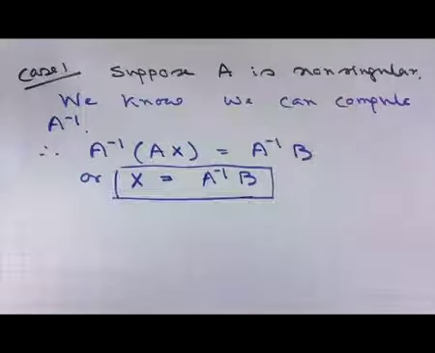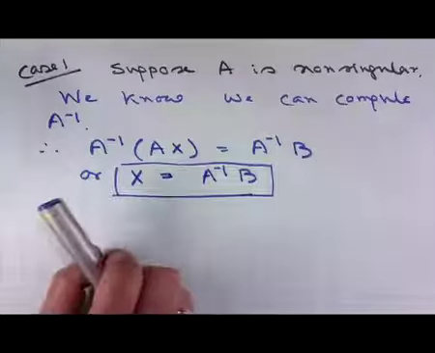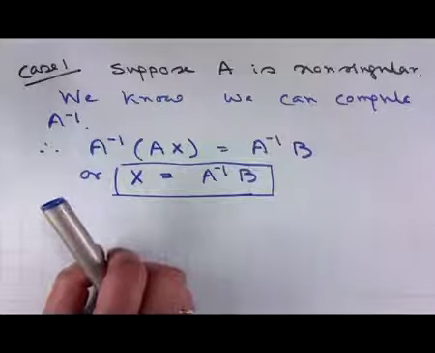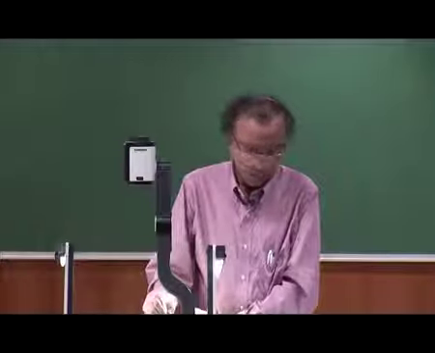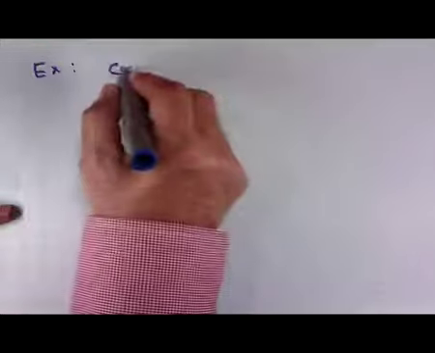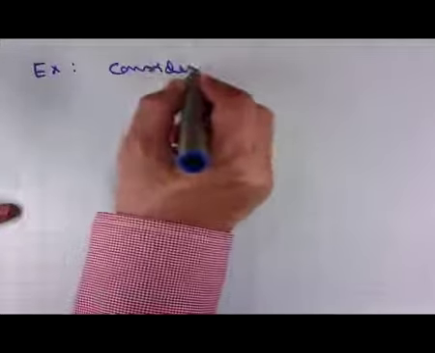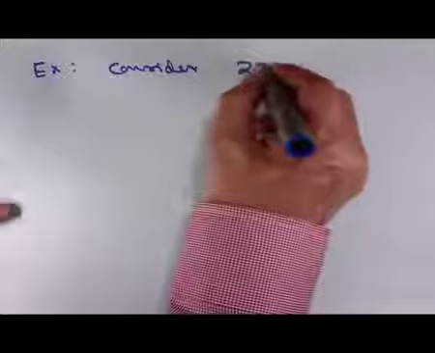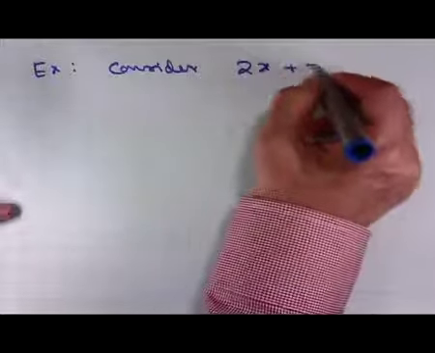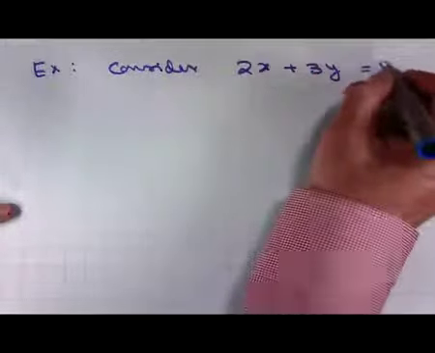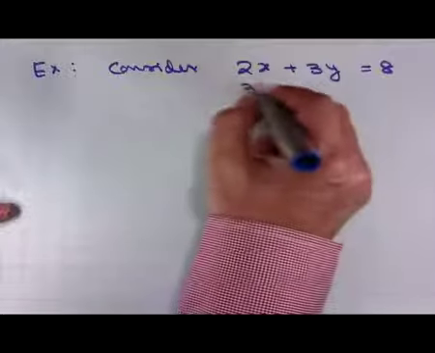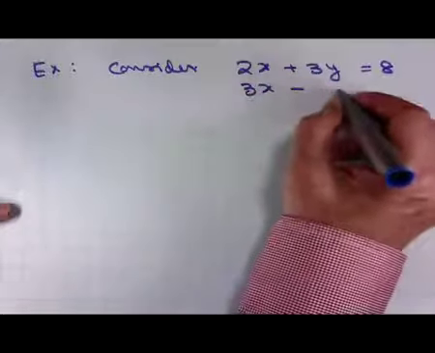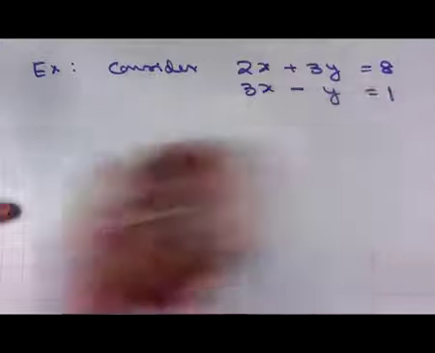Thus, if A is non-singular, we get a unique solution for the system of linear equations. Example, consider 2x plus 3y is equal to 8, 3x minus y is equal to 1.